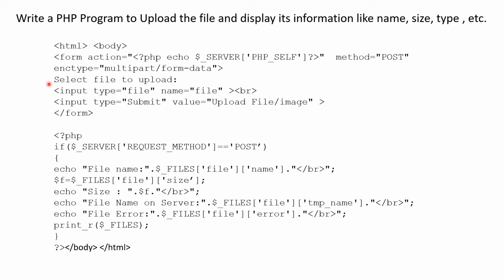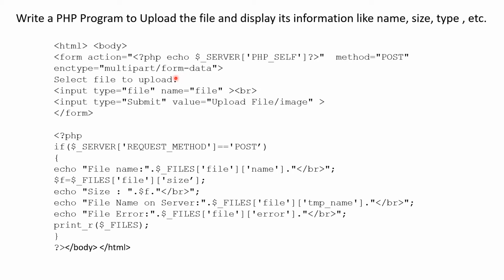Then we use one special enctype equal to multipart/form-data. This attribute of the form tag specifies which content type to use when submitting the form. It is used when a form requires binary data, like the contents of a file, to be uploaded.